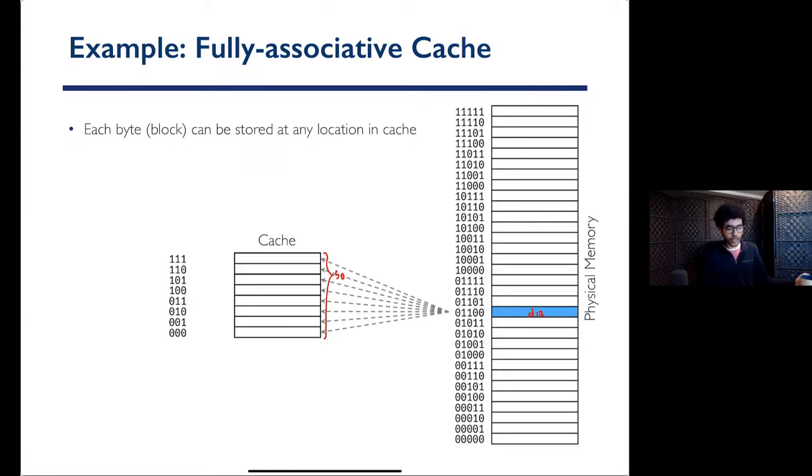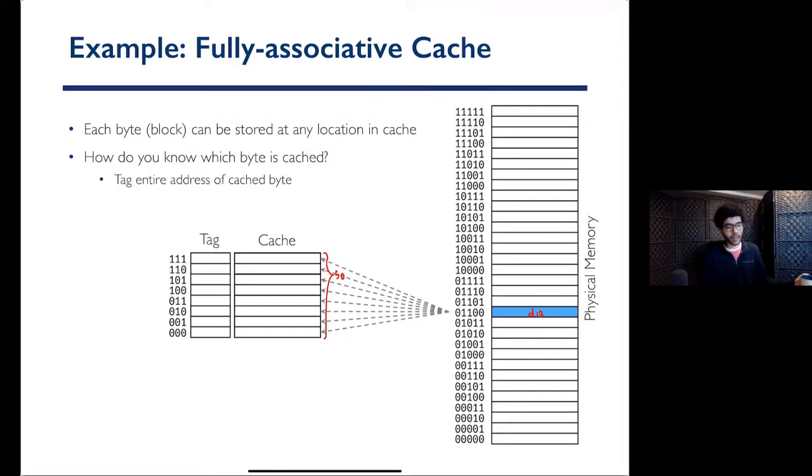To do this search, I need to, again, tag them. Now, what do I use for tag this time? Well, I'm not using any bit of my address for finding the block, so I can use all the bits. Indeed, I have to use all the bits of my physical address to tag my data.